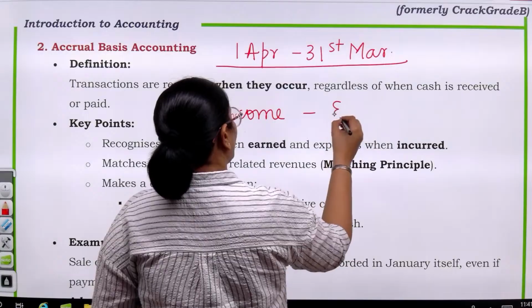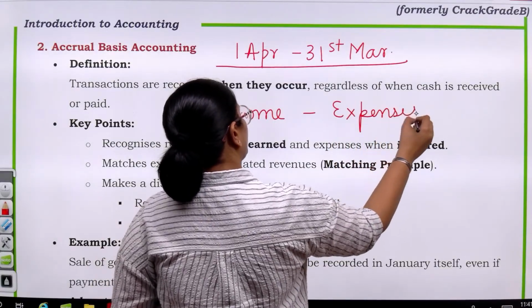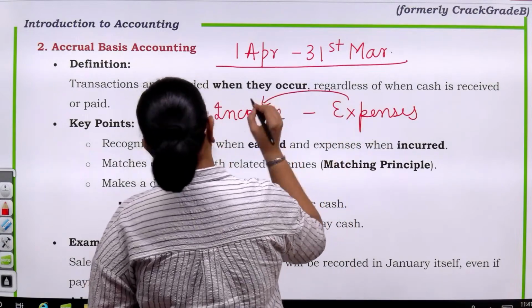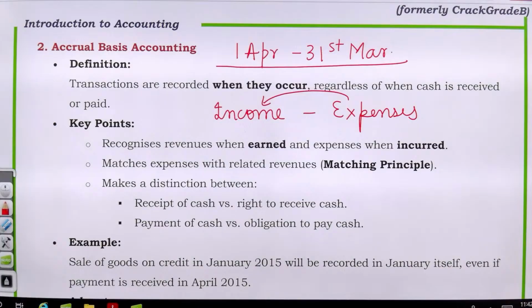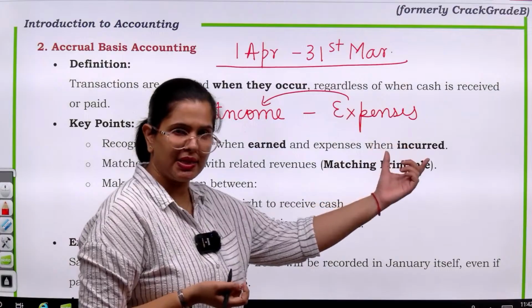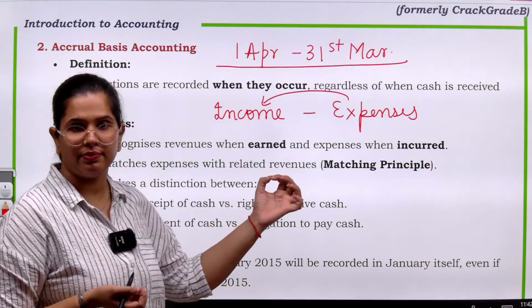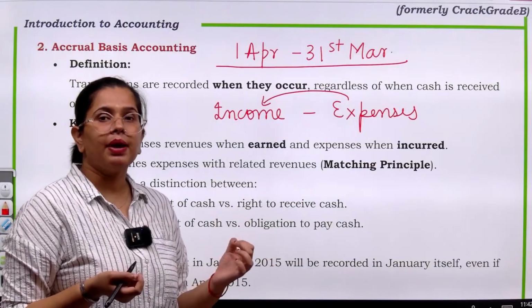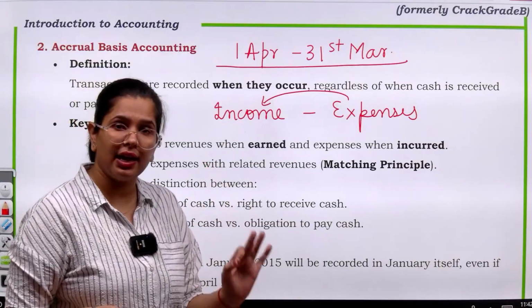Then write all the expenses that you have incurred to earn this income. Hear me out again. आप सारे खर्चे लिखिए. Please write all the expenses you have incurred to earn the income. ठीक है, इनकम कमाने के लिए आपने जितने भी खर्चे किए हैं प्लीज वो सारे लिख दीजिए.